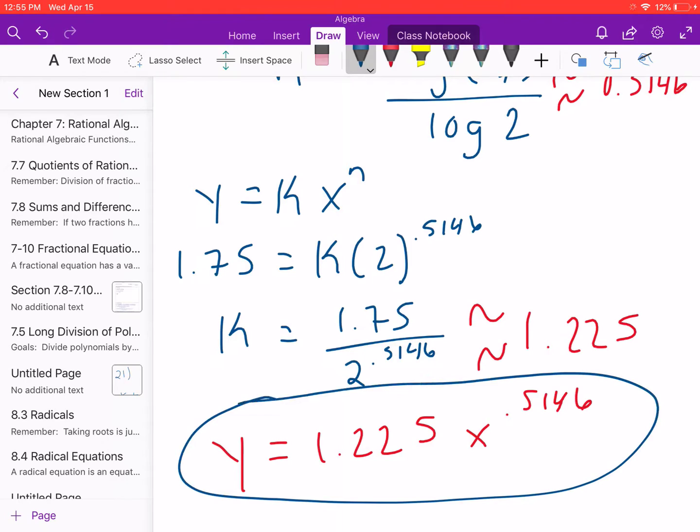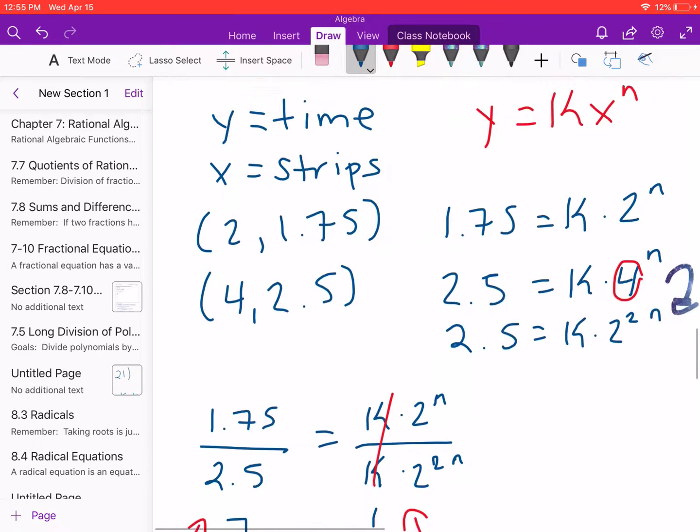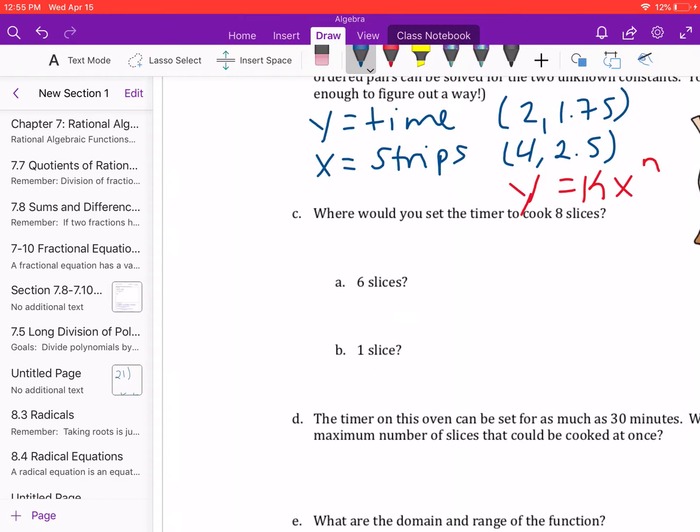And then we can solve this to find k equals 1.75 divided by 2 to the 0.5146 power. If I plug that into my calculator, I'm going to get approximately 1.225. And so the equation then, after all of that work, ends up being y equals 1.225 times x to the 0.5146 power. And that's the equation I'm going to use to solve all of my other parts.